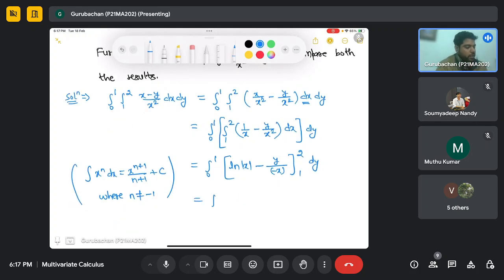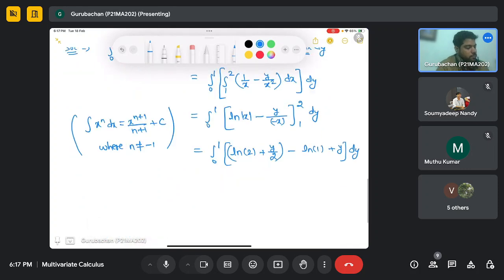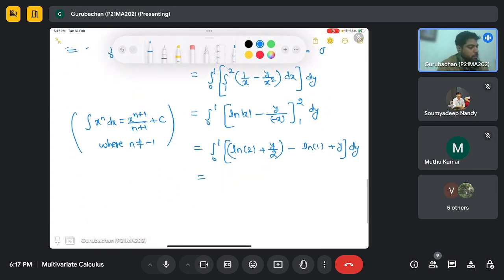So it will give us ln 2 minus, or it will come out to be minus minus plus y by 2, minus ln 1 plus y, dy. So ln 1 is 0, so this will be simply ln 2 minus y by 2. I have simplified somewhat.